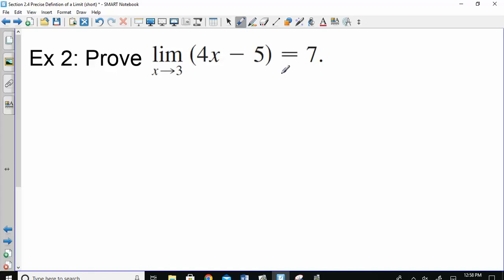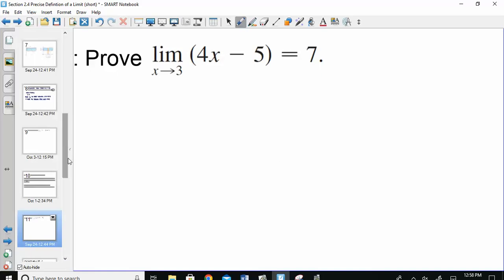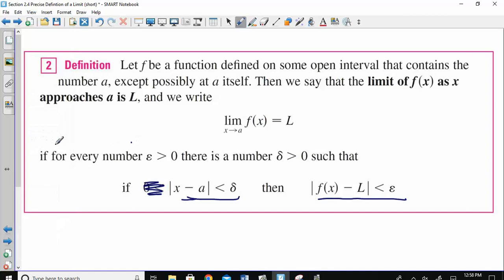So the proof, we have to think back to the actual definition of a limit. We are going to prove this statement.